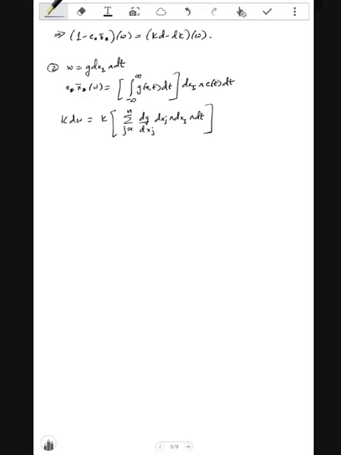The term with the derivative with respect to t does not appear because dt wedge dt is 0.